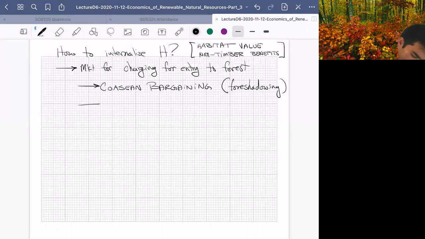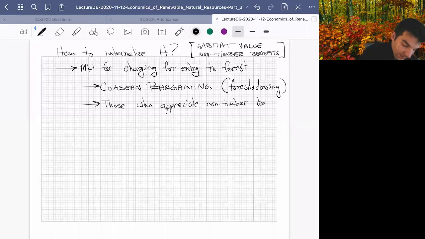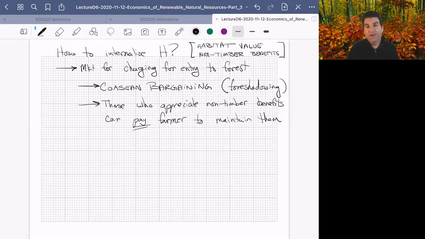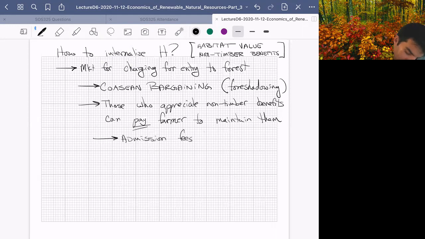Basically, those who appreciate the non-timber benefits can pay the farmer to maintain them. And then the farmer will feel that if I cut it, they're not going to pay me. If I leave them up, they will. And you could view this as admission fees to access the forest.